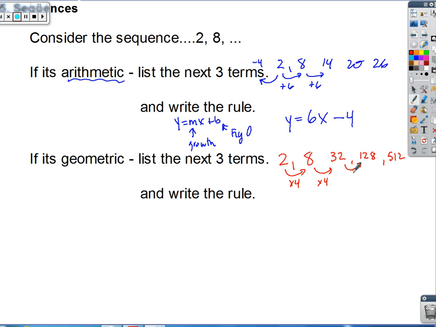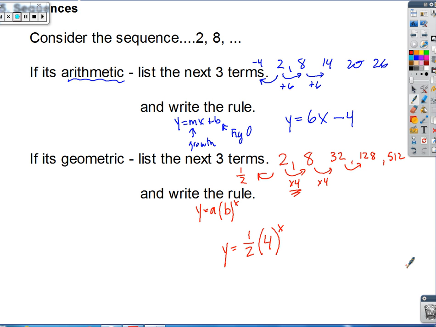Now write the rule. y equals a b to the x. So it's just like an exponential. A is figure 0, so we have to go backwards 1 and divide by 4. So 2 divided by 4 is 1/2. The multiplier is 4. So 1/2 times 4 to the x power ends up being your equation.